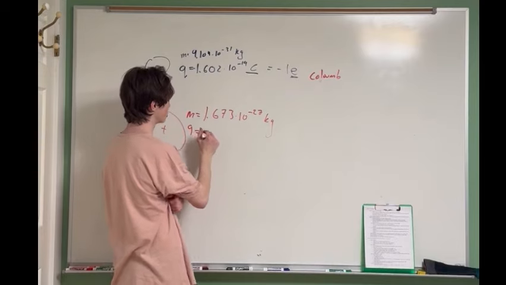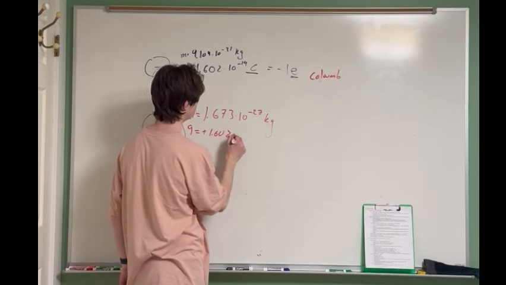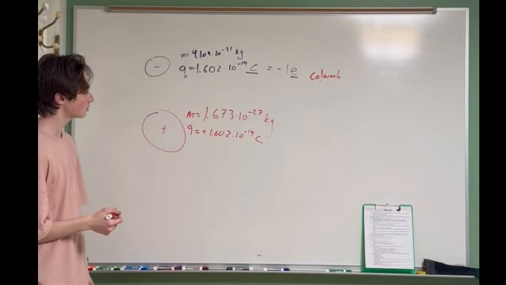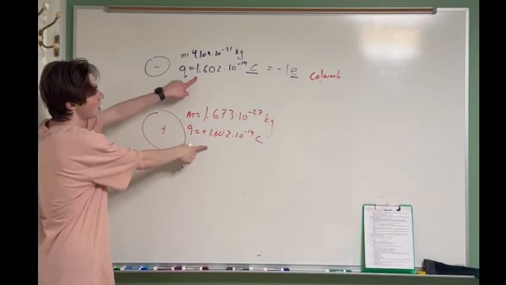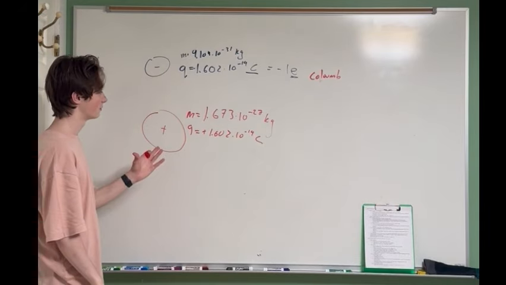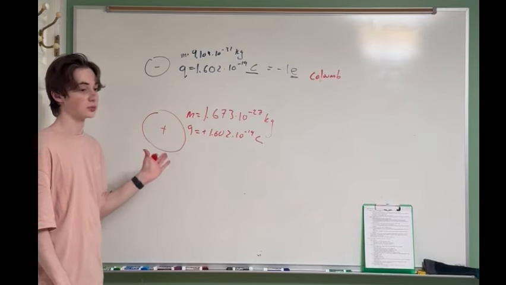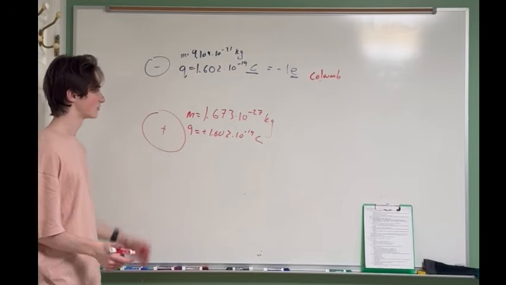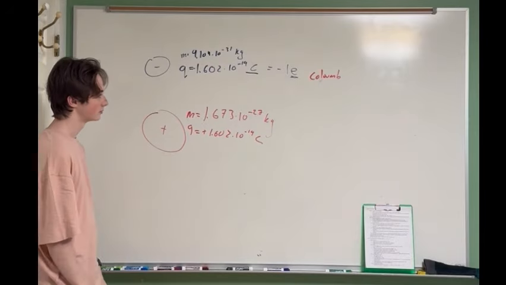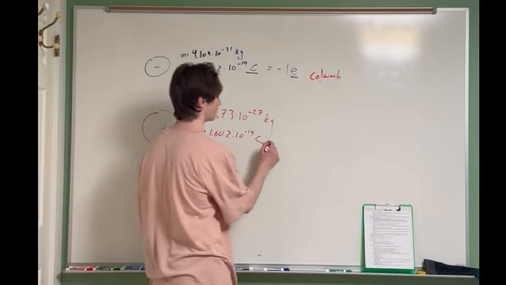And it has a charge of positive 1.602 times 10 to the negative 19 coulombs. It's the same as an electron except opposite, which is interesting because they're very different particles. A proton's much bigger. It's in the nucleus of an atom, but it has the same fundamental charge.